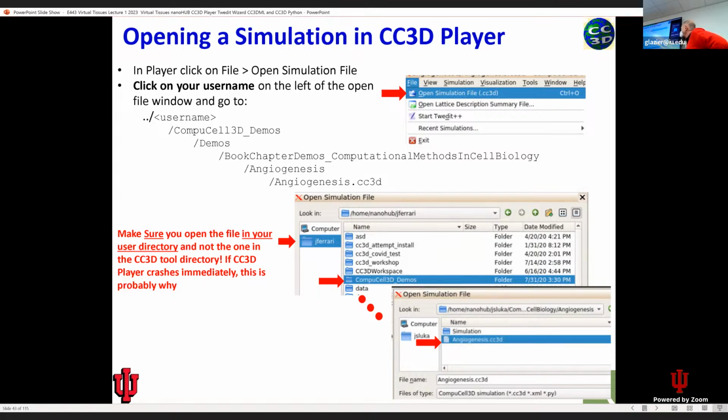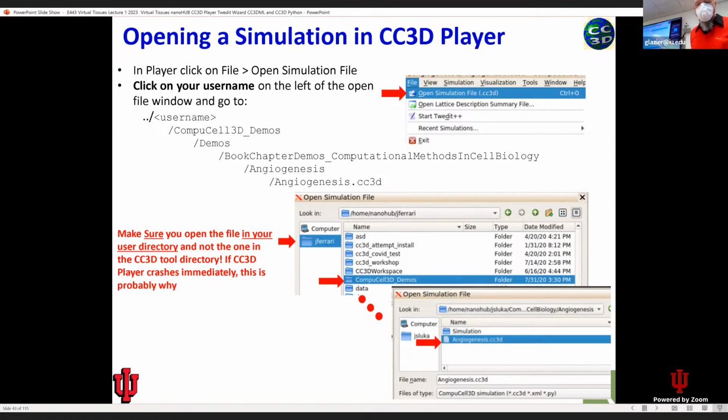If you are on nanoHUB, you will find that there are two directories which contain CC3D demos. One is the root directory for the software itself, which you don't have edit access to. The other is under your username, where you'll find CompuCell CC3D demos.